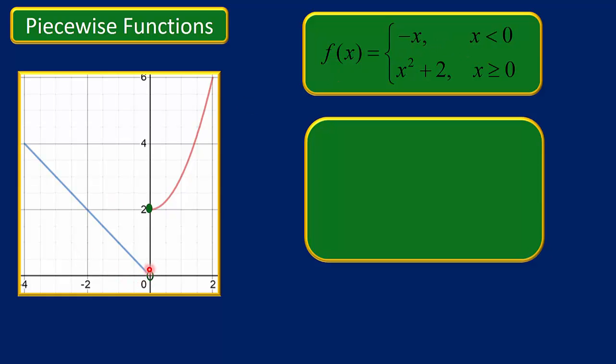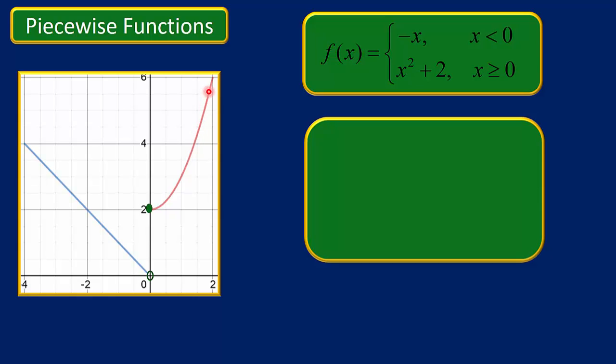So if you look over here at 0, all over here, less than 0, I'm going to graph this as -x, so y equals -x. That's the graph of that function. Now, if x is greater than or equal to 0, then we want to graph x squared plus 2. And that's what this graph would look like.